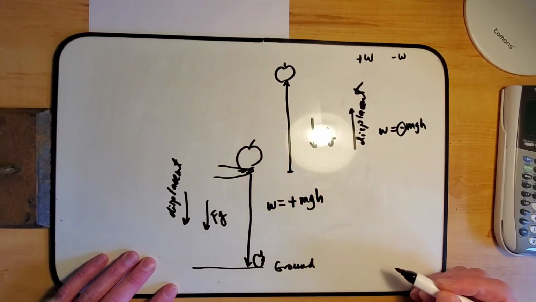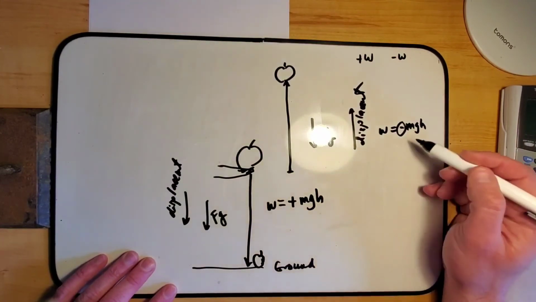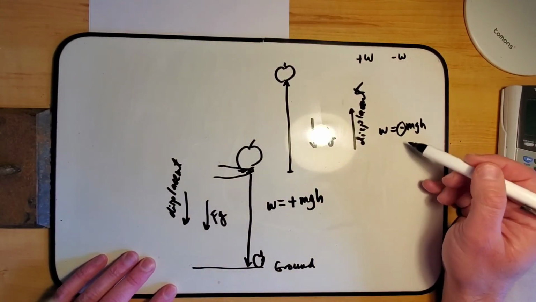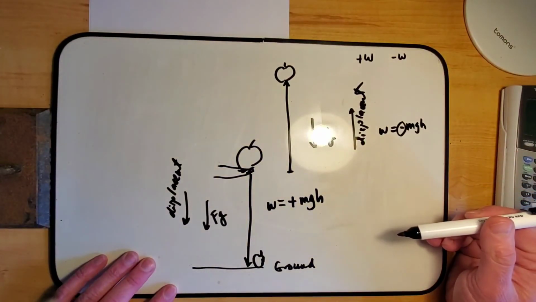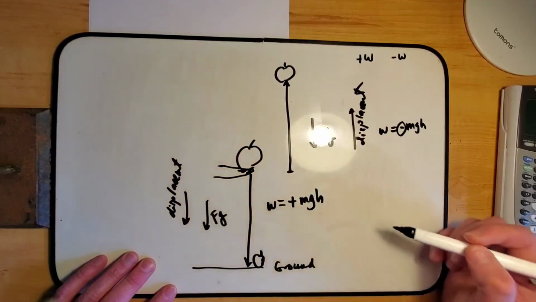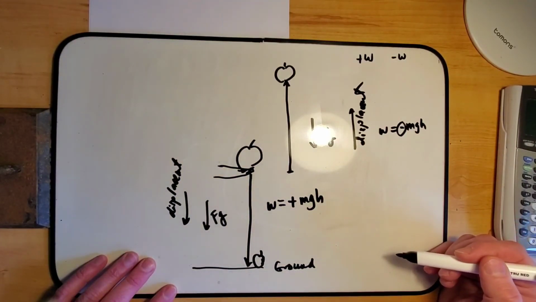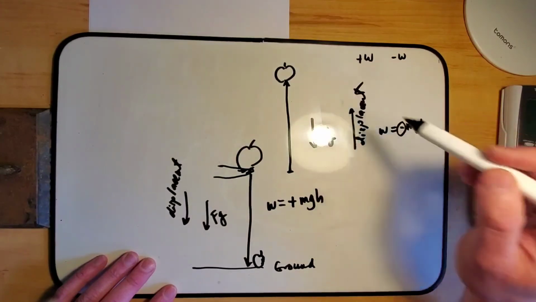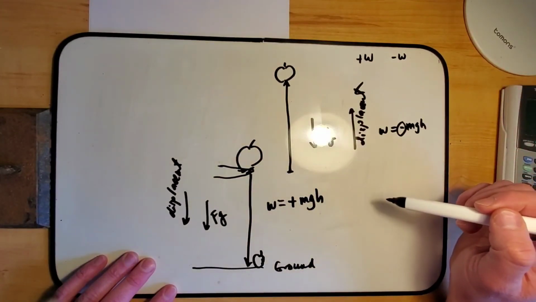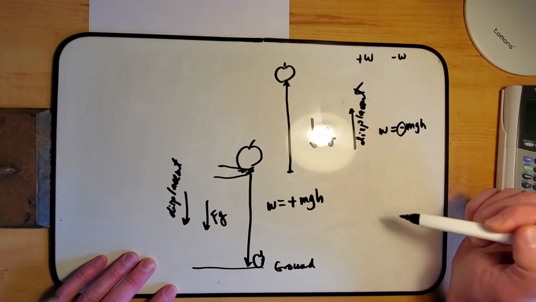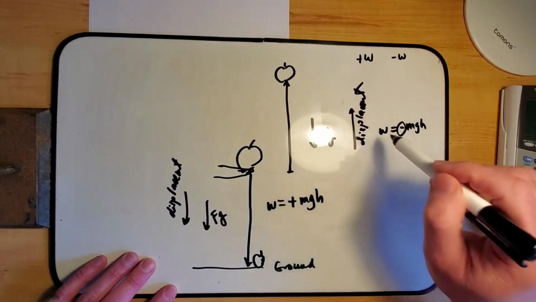Therefore, the work here is positive mgh. Okay? Now, the work done by gravity is negative when you throw the apple up, and the work done by gravity when the apple falls from my hand is positive. The reason it's negative when going up is that you can just look at the direction of the force and the direction of the displacement, and you can clearly see that they are in opposite directions.